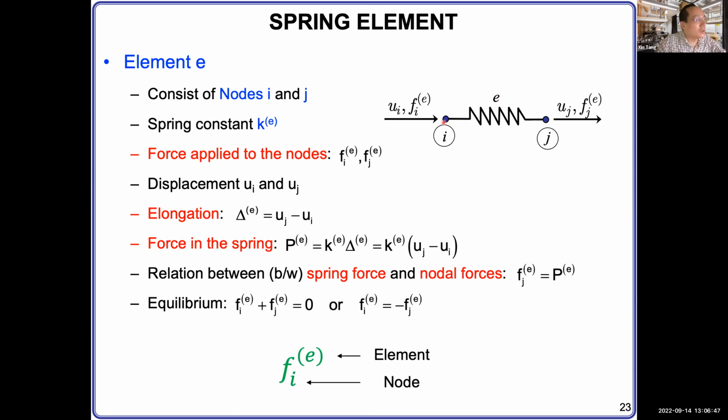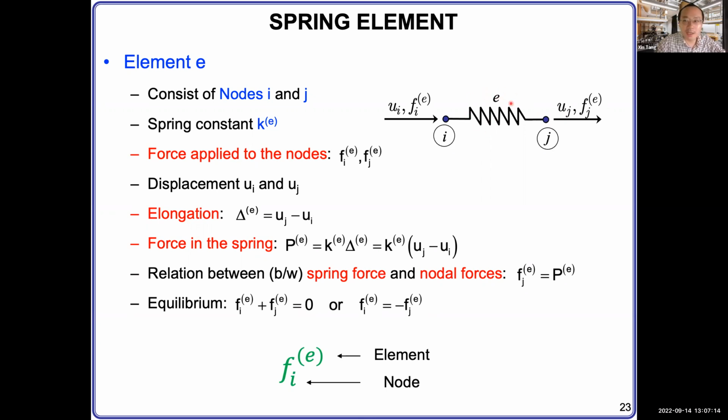As I said, this spring cannot sustain any external force. You cannot apply force to a spring, but force can be applied on the movable rigid body, which will be connected with the node. That means on the node you can have force. And this force will be in equilibrium with the force generated by the spring.